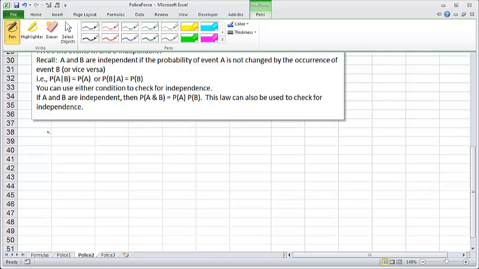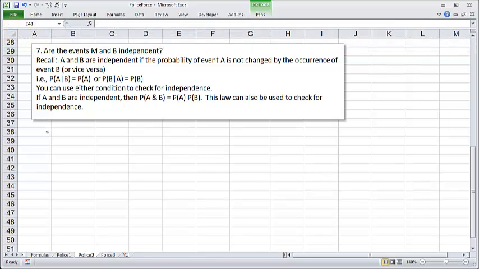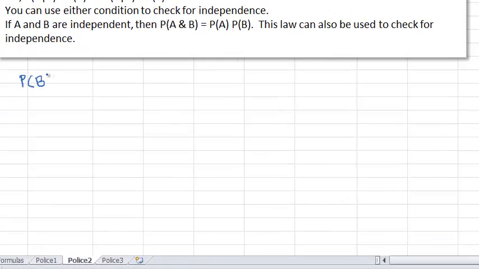Now, let's try maybe this one. Probability of promotion given M. Because we're checking M and B, is B given M the same as the probability of B? That is, is the promotion probability given that you have a male officer the same as the probability of promotion?